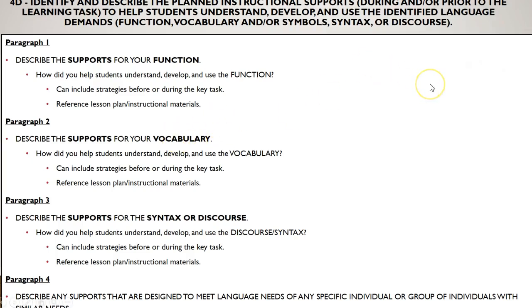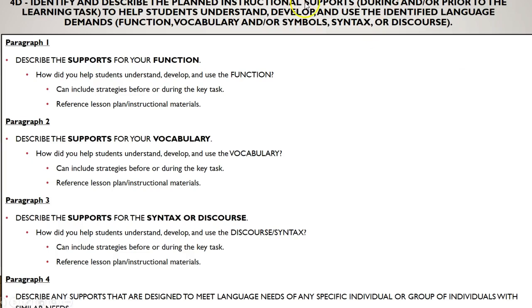Now, we get to 4D. 4D, identify and describe the planned instructional supports during and or prior to. Okay, so during the learning task or prior to. So if you had done some things the day before or a couple of days before or during this learning segment, if you'd done some things to get students ready for this activity, then that's considered a support.